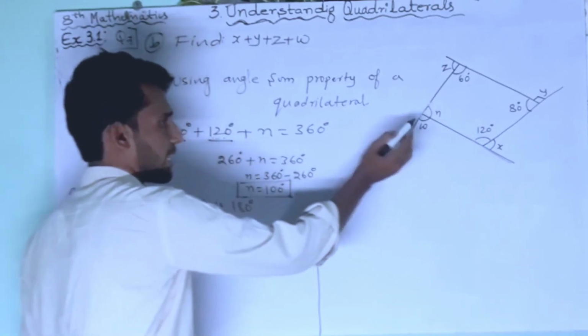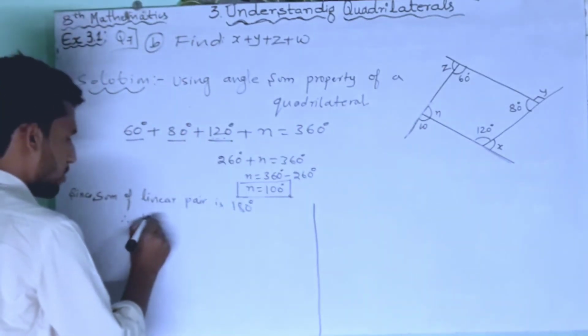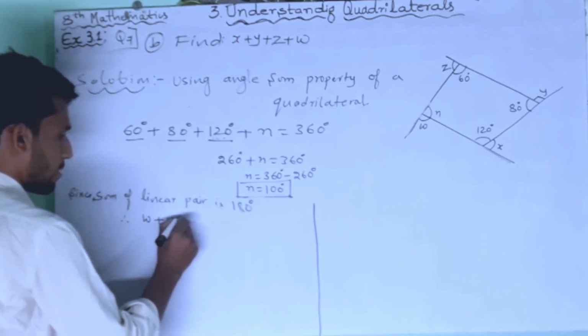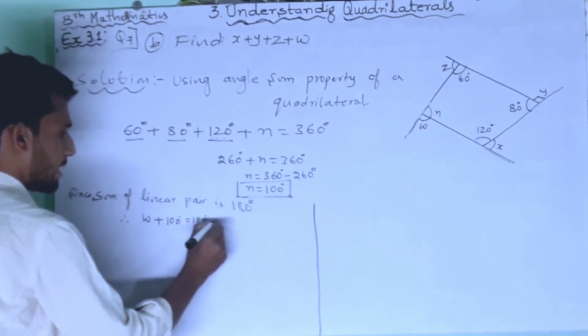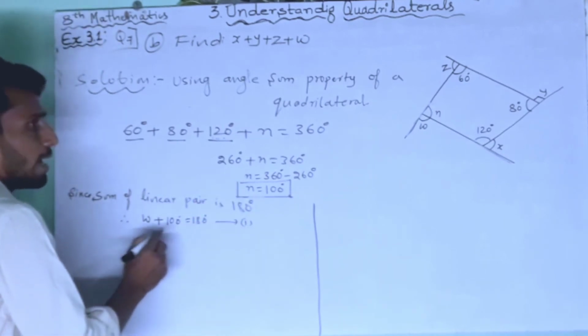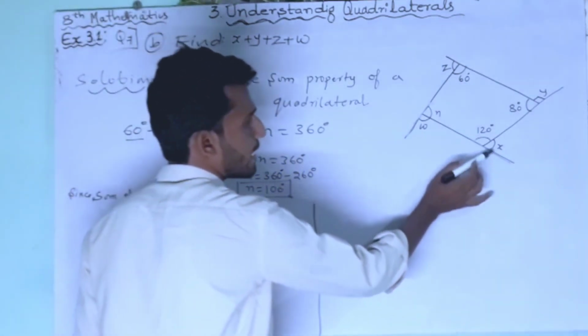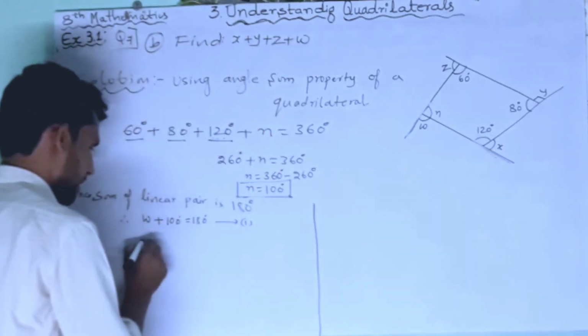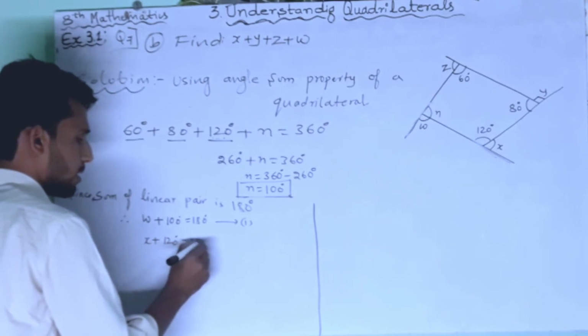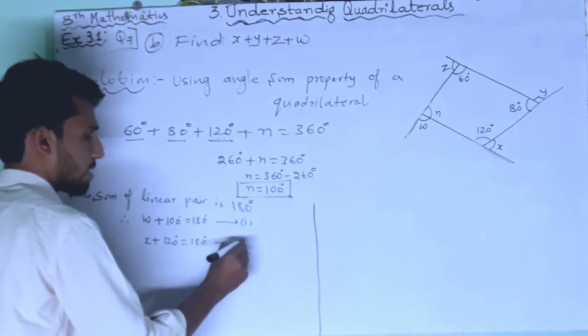This is a linear pair, so w plus n, the value 100 degrees, is equal to 180 degrees. I will call this number 1. Next, the second one. Here 120 degrees. This is also a linear pair. Now we can write x plus 120 degrees is equal to 180 degrees. This is the second one.